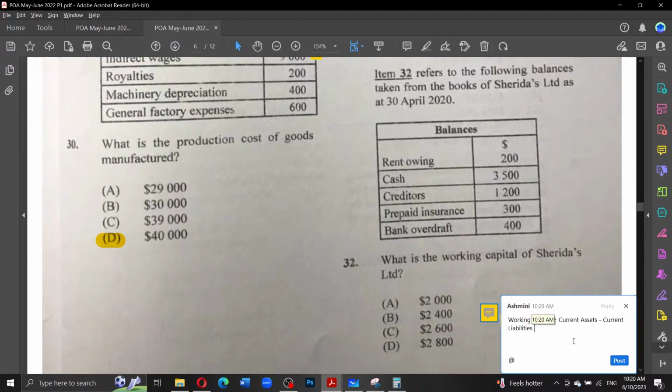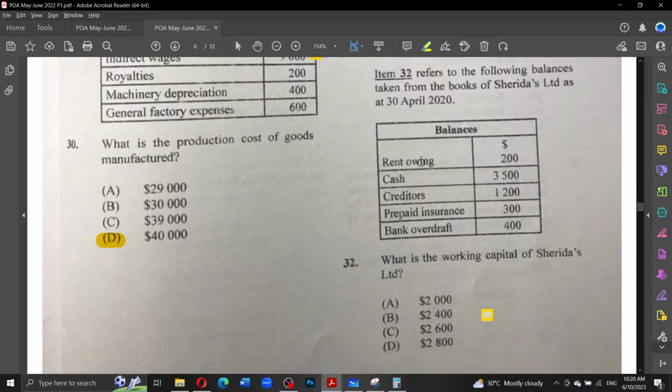Right, so let's see what we have here. All of the items here look like current. So we'll just highlight the current assets and then subtract the current liabilities. Rent owing, so we have the balance here. This one is marked owing, so it's a payable, 200, we won't highlight that. Cash is a current asset, highlight.